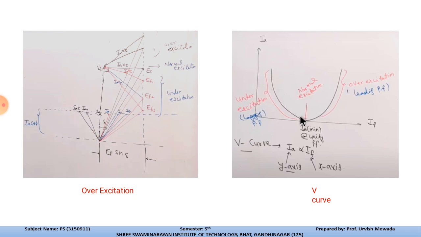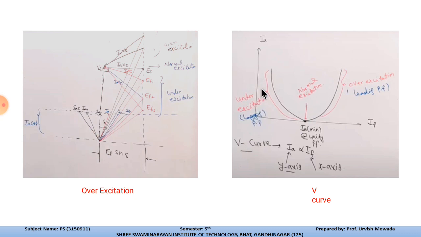At that time the motor runs at synchronous speed, and when it is overexcited and we increase the field current further, the armature current requirement increases again. These three modes describe the behavior of the synchronous machine.